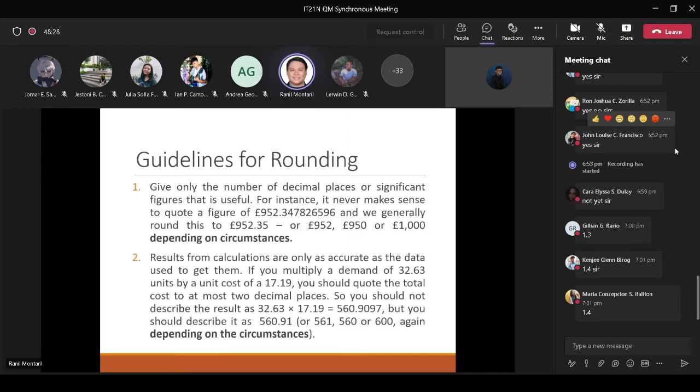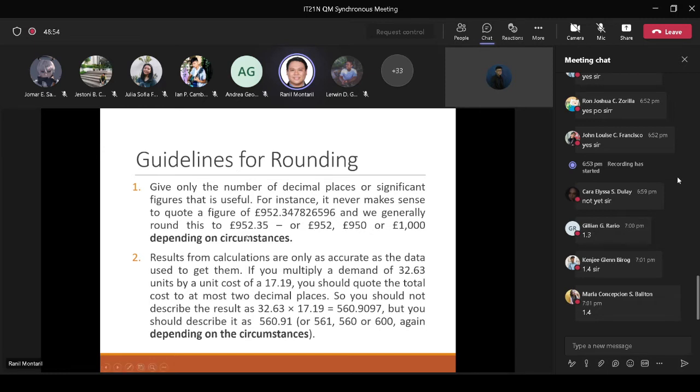So as we know, the guidelines for rounding normally depend on circumstances. So sometimes it depends on decimal places or it depends on significant figures. It must be stated kung ano man. So for instance, you have here this number, which is 952.34 blah blah pounds, diba?